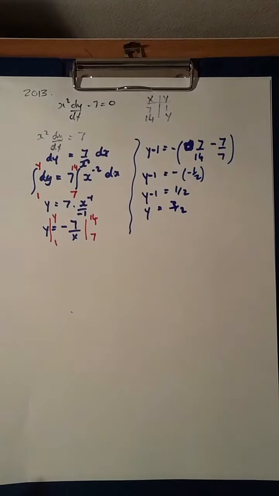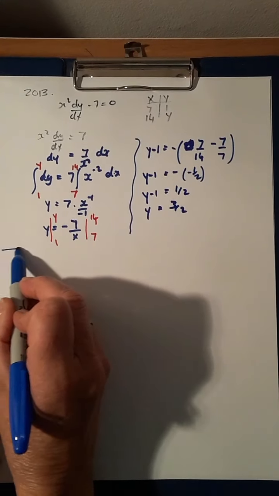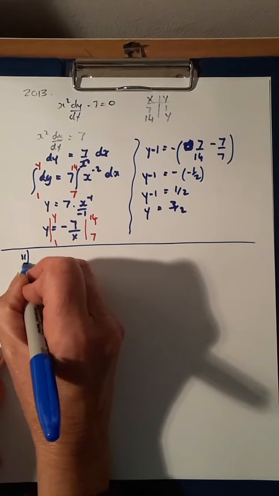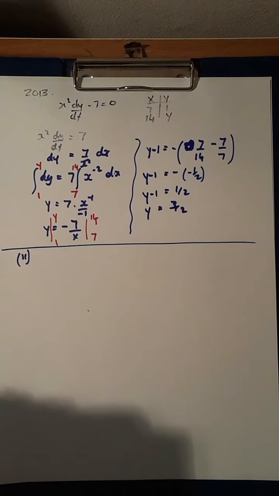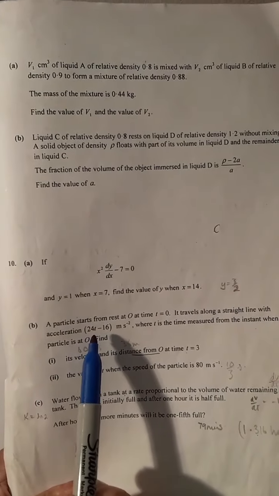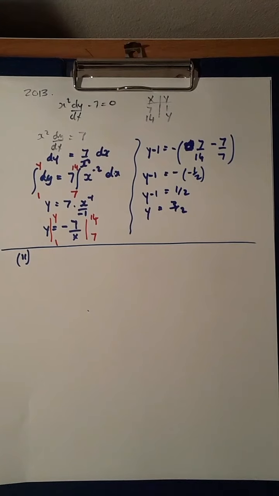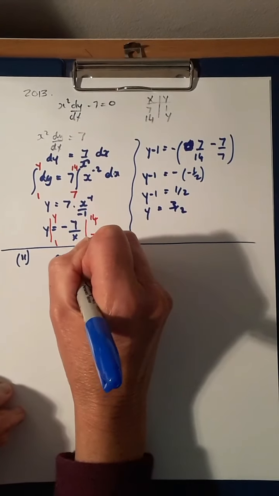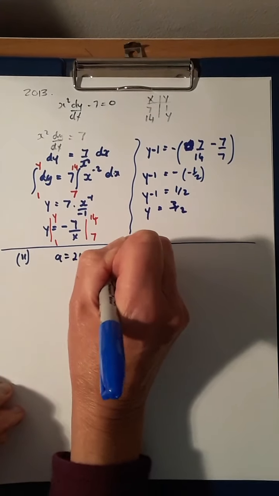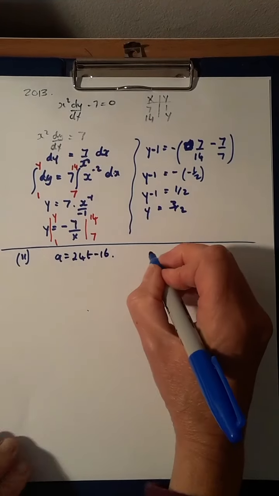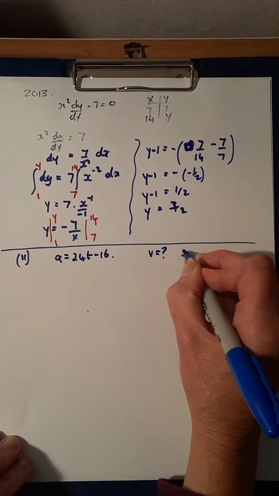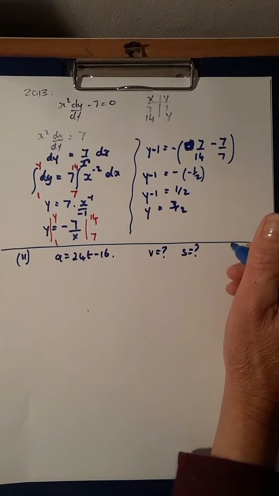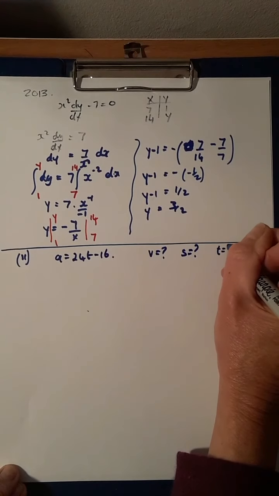Okay, so this is part 2, we are told that the acceleration is 24t minus 16. So I'm going to put that in here. A is equal to 24t minus 16. The question asks me to find the velocity and the distance from O when t is 3.